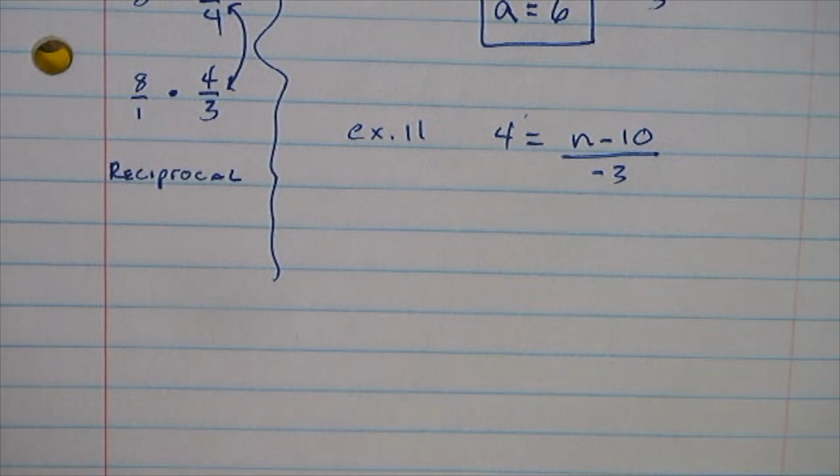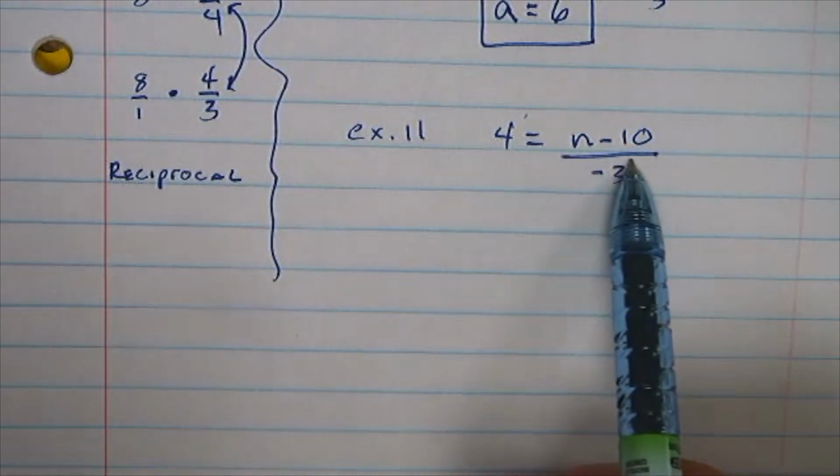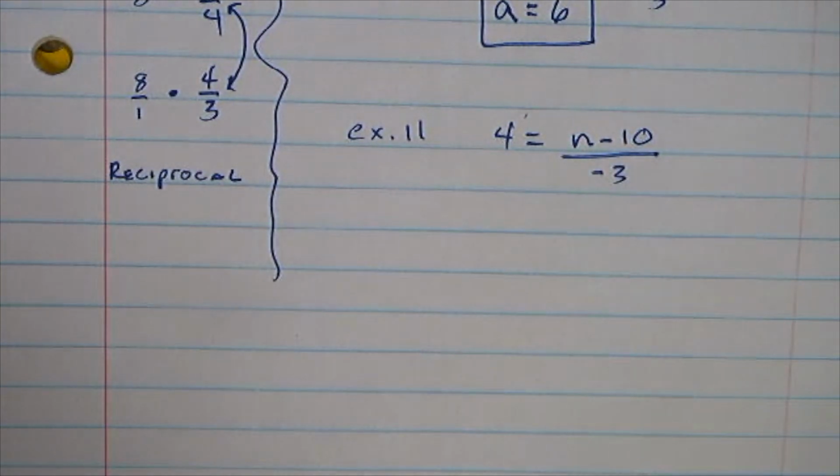But when it's shaped like this, you'll notice the division sign goes underneath everything. It's the n and the negative 10 that are being divided by the negative 3. So we've got to undo that division first.